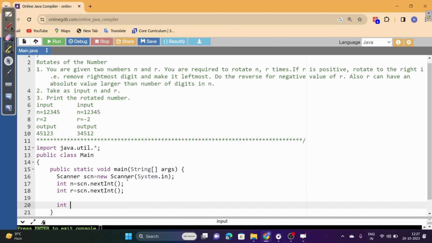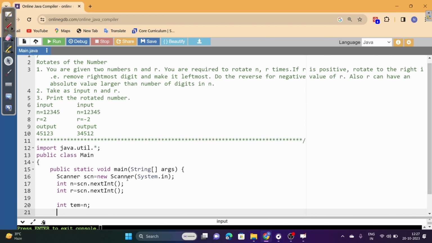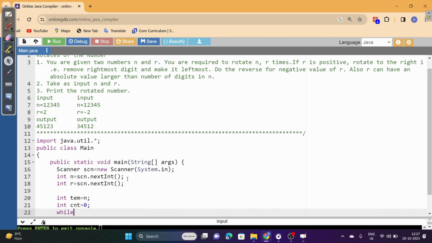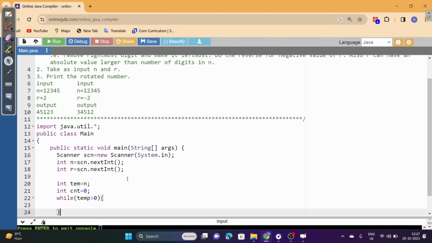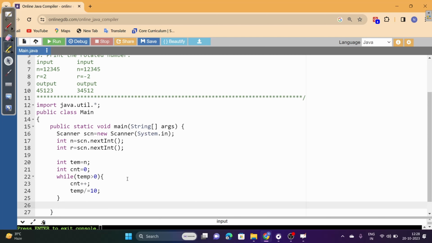For that I need a backup, int temp equal to n. Initially my count is 0, so while temp is greater than 0, count plus plus, temp equal to temp divided by 10. That's it, I found the count. After that, I have to optimize my rotation.